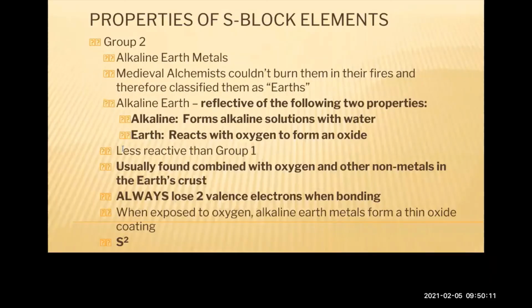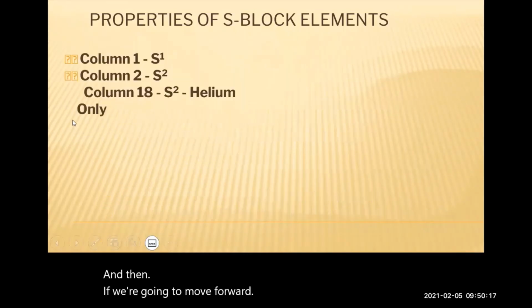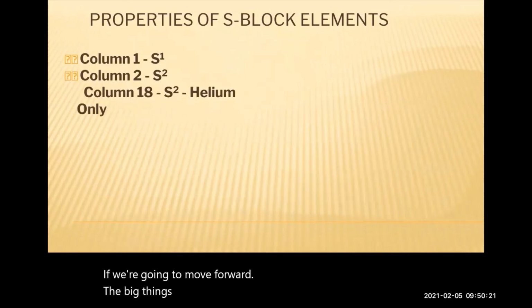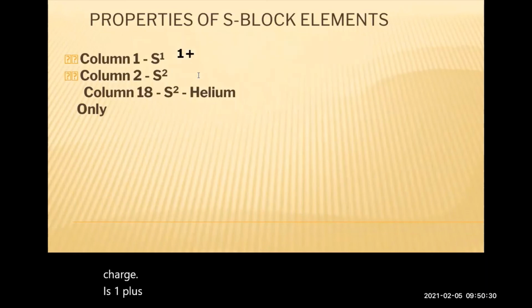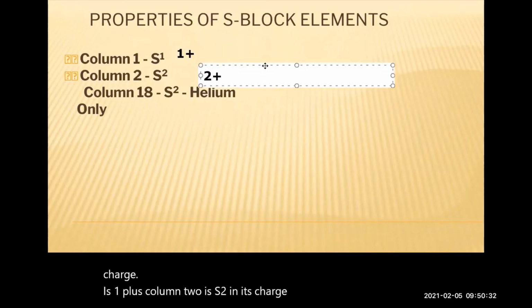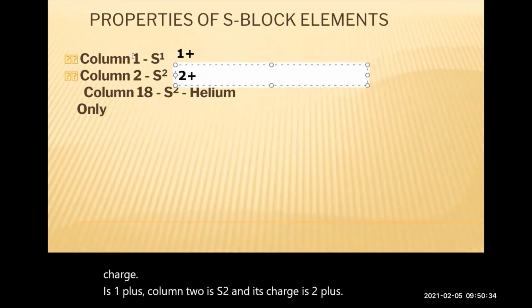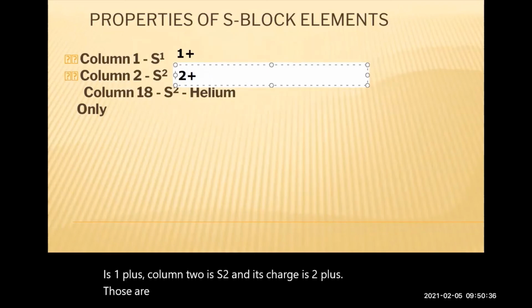And then if we're going to move forward, the big things we're going to talk about, column 1 is s1, and its charge is 1+. Column 2 is s2, and its charge is 2+. Those are very important things to know.